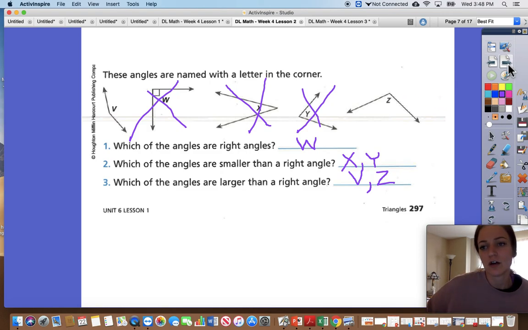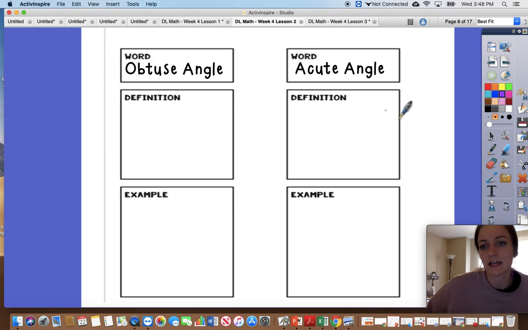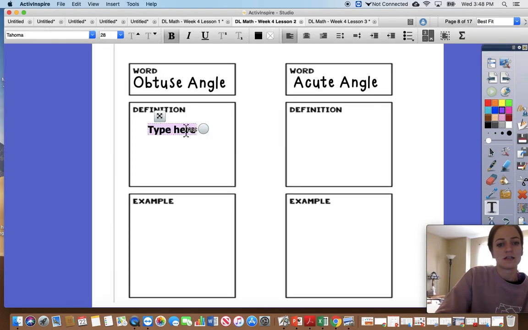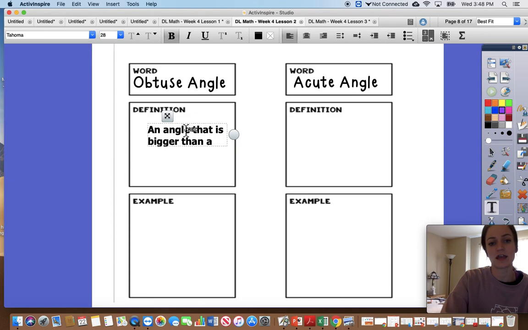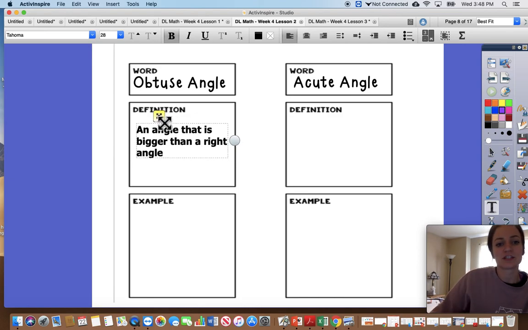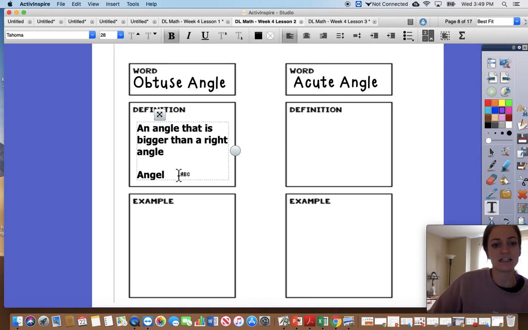Okay, so let's go and fill in our definitions. I'm gonna click my text box. So an obtuse angle is an angle that is bigger than a right angle. Also, just so you guys know, angle is spelled A-N-G-L-E, and angel, like our friend in 3A, is spelled A-N-G-E-L.